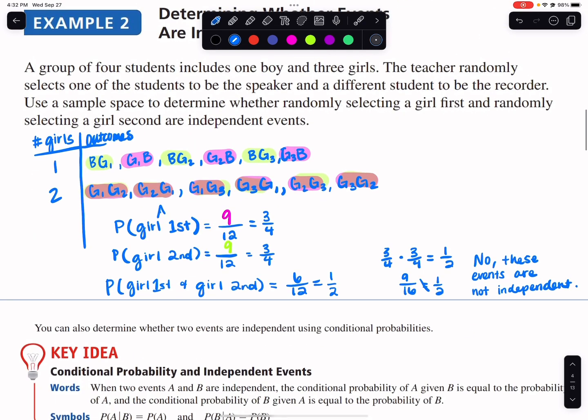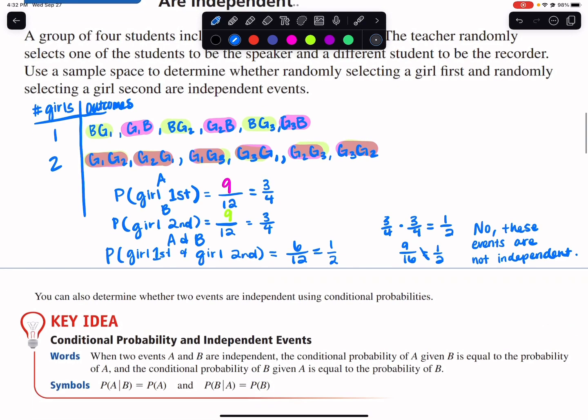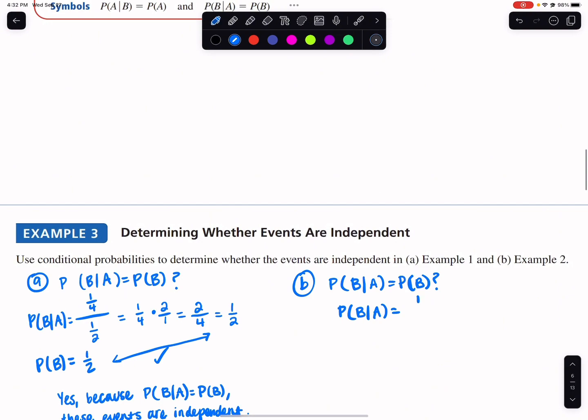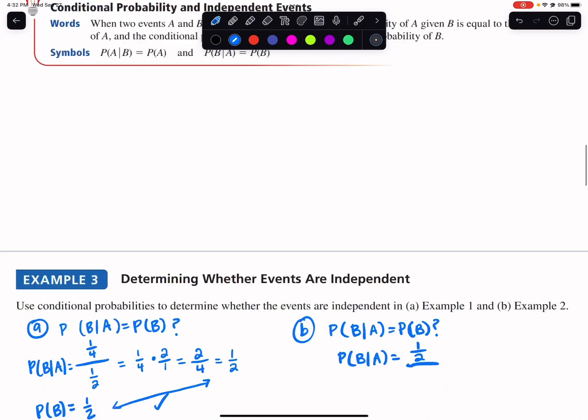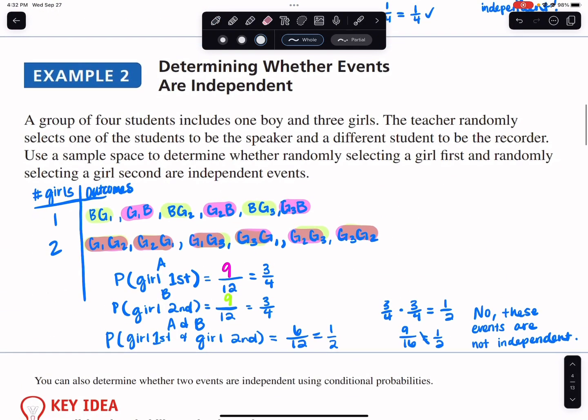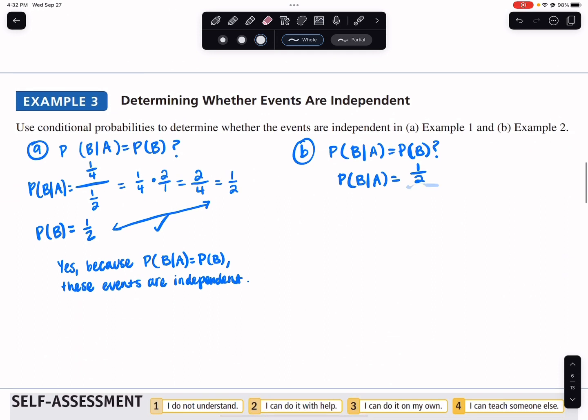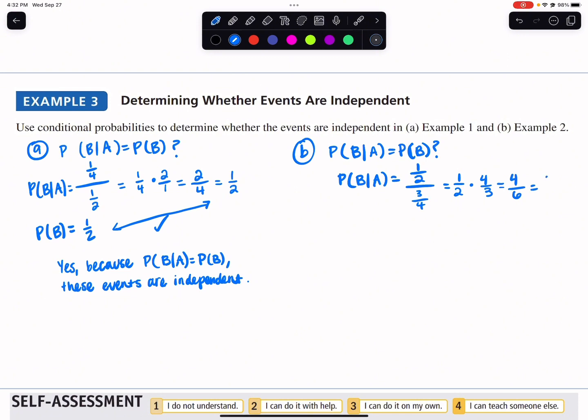Again, this is A, B, A and B. So A and B is 1 over 2, over the probability of just A, which is 3 over 4. Keep, change, flip. So 1 over 2 times 4 over 3. So 1 times 4 is 4. 2 times 3 is 6. We can simplify that to be 2/3.